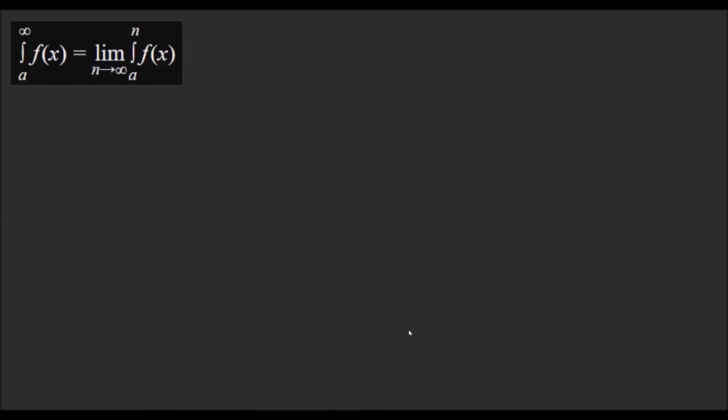So to be concise, an improper integral is just an integral in which you can't solve it in its current state. So take this over here, the integral from a, which is just a constant, to infinity of f of x. Now, normally we couldn't solve this. We can't just say that this is equal to F of infinity minus F of a, capital F of x being the integral of f of x.